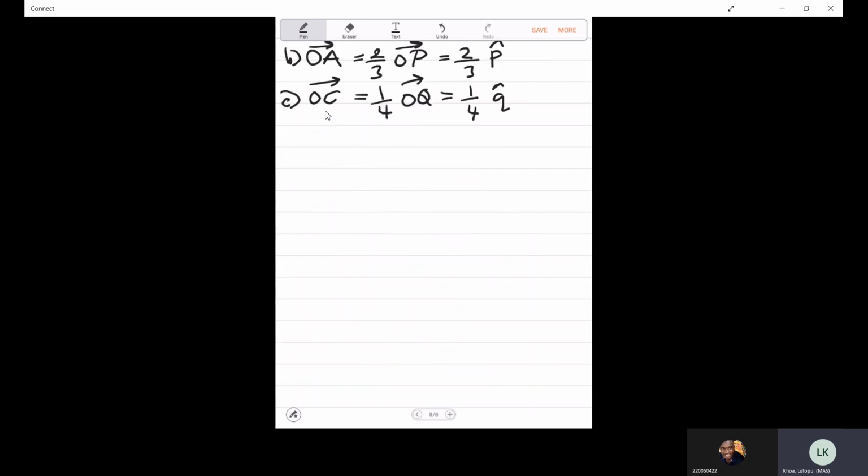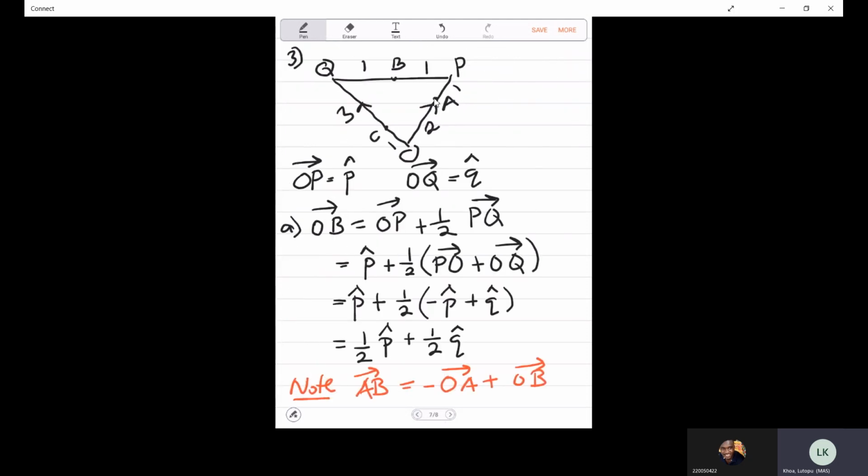Then D, we have to find AC. So we look at our diagram and try to find our way from A to C. Now, if I want to go from A to C, there's several ways that you can do it. You can go from A to P, from P to Q, from Q to C. That is perfectly fine. Nothing wrong with that.